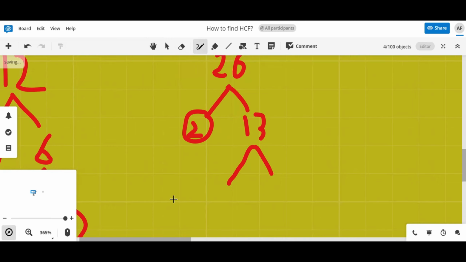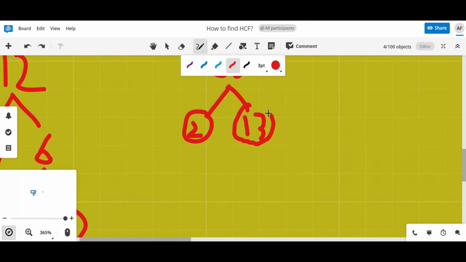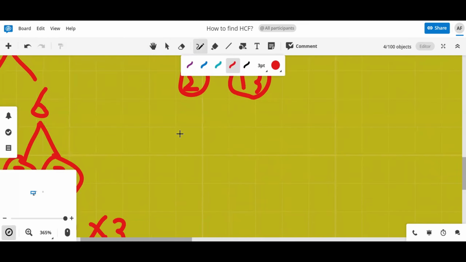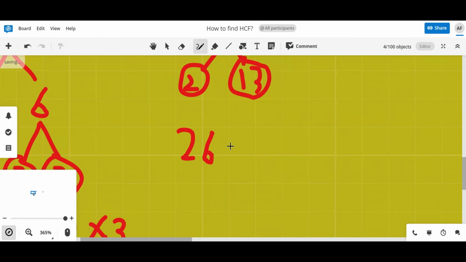So 13 is a prime number. Let's write the factors here: 26, prime factors are 2 times 13. I hope it's clear to you.